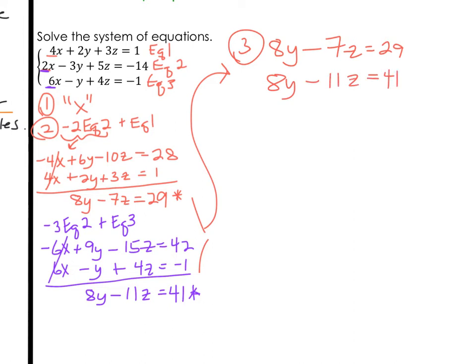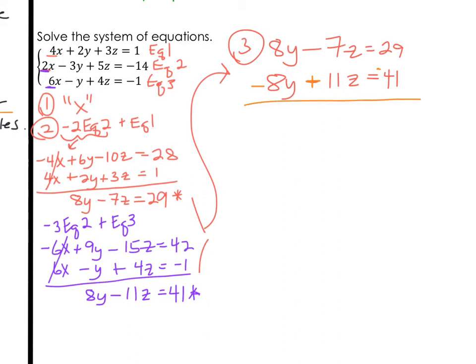In this stage, some of the numbers are going to get pretty big on us. But it looks like what we could do here is just make one of the rows negative, and then the y's would just eliminate super quick. So let's do that. Let's take the second row, and I'm just going to multiply everything by a negative. So I'm going to change 8y to -8y, I'm going to change -11 to positive, and then I'm going to make 41 negative on the right.